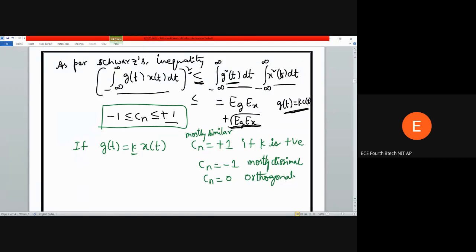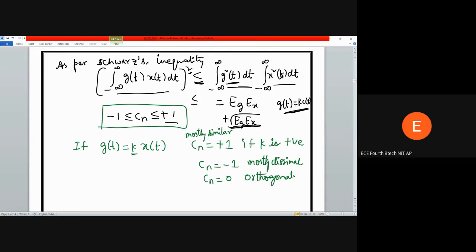Worst enemies is completely different from worst friends. Okay, and there is a case of Cn is equal to 0. Cn is equal to 0 means you can consider it as completely strangers. One person doesn't have any effect on the other person. I hope you people are following what I am saying. Highly dissimilar is completely different from orthogonal.